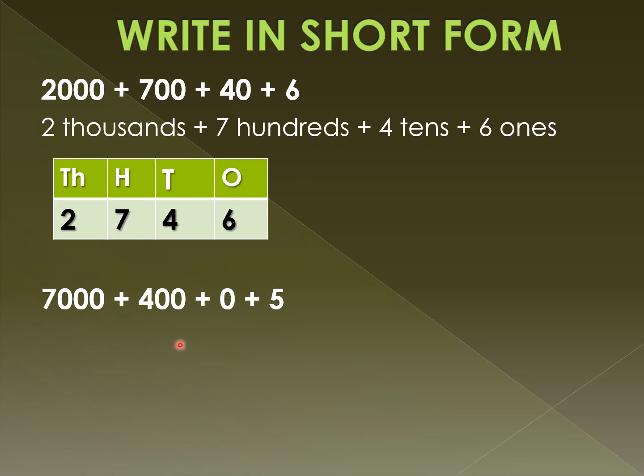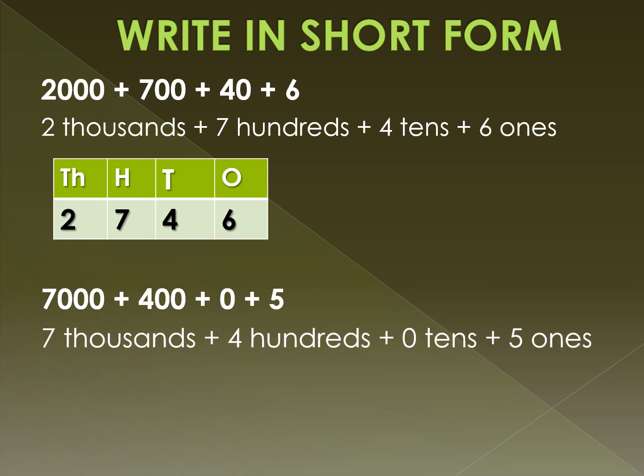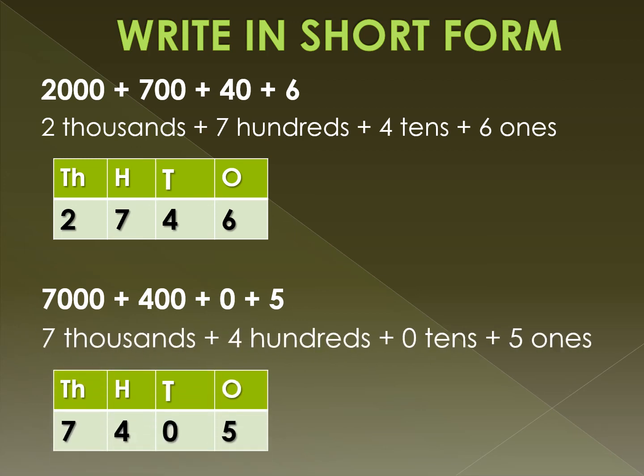Now, children, it is very important to remember that if there is a 0 in the expanded form, you cannot just leave it out. Some of you might just tend to write 745. That's not right. It'll be 7405.